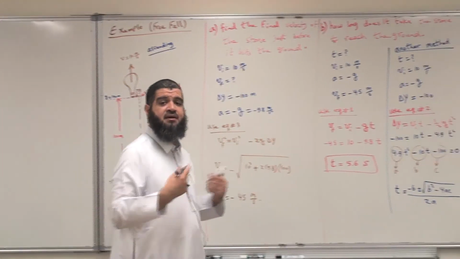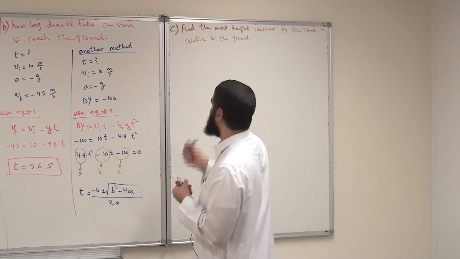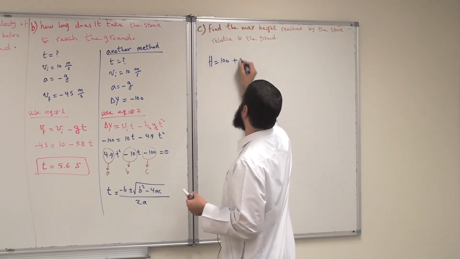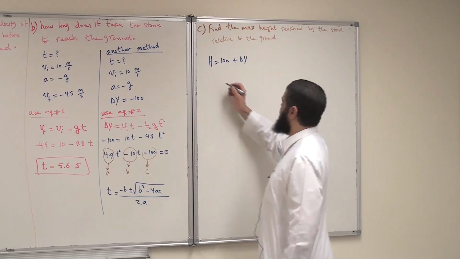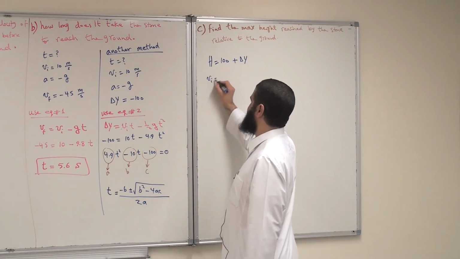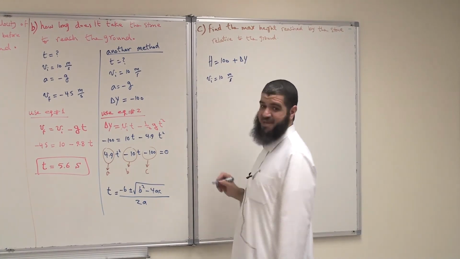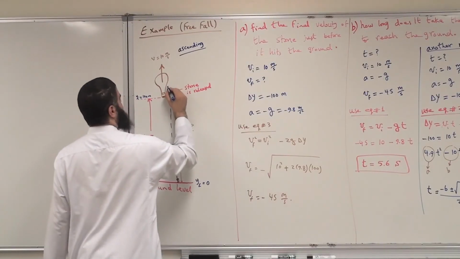So let me find delta y. h, which we would like to find, will be 100 plus some delta y. To find this delta y, we know that v initial is equal to 10 meter per second. And at the maximum height, when the stone reaches this point, what will be the final velocity?